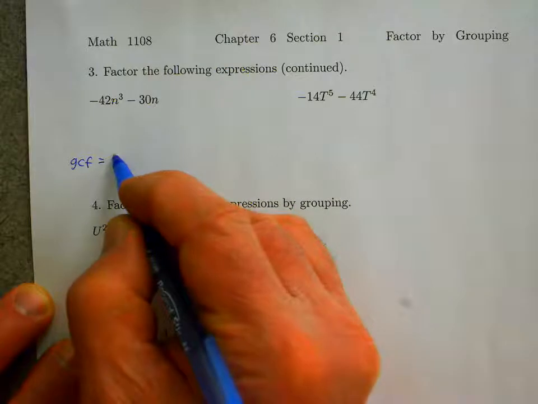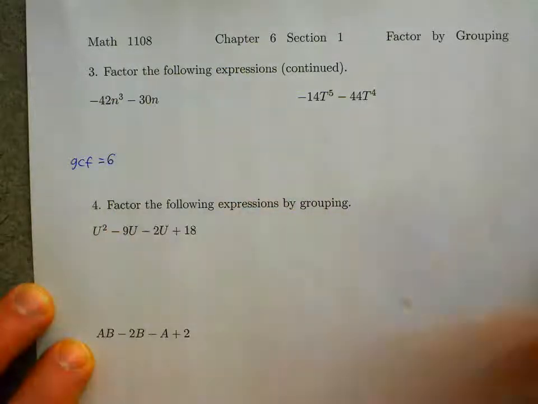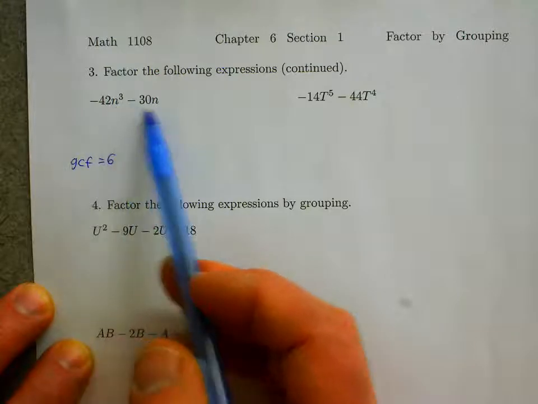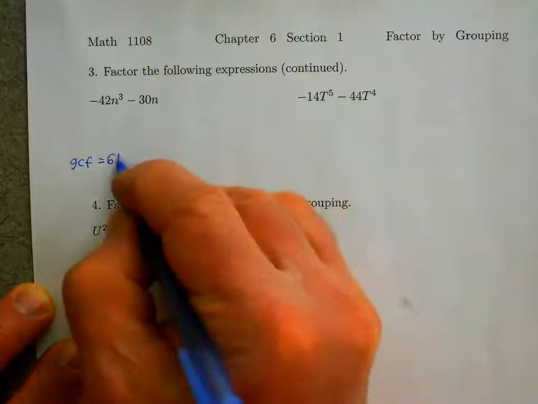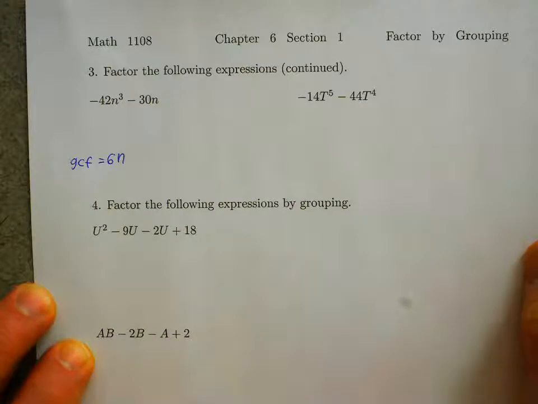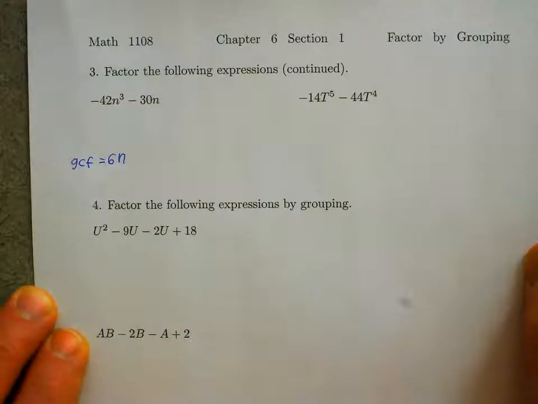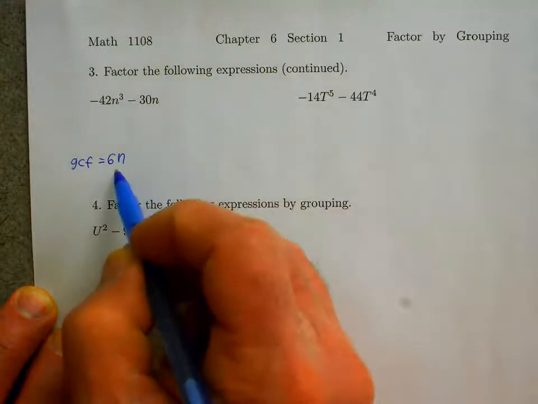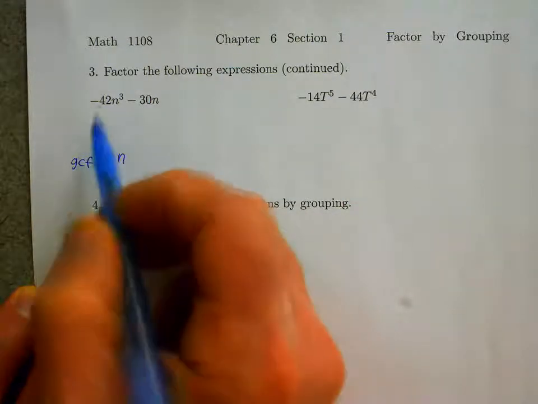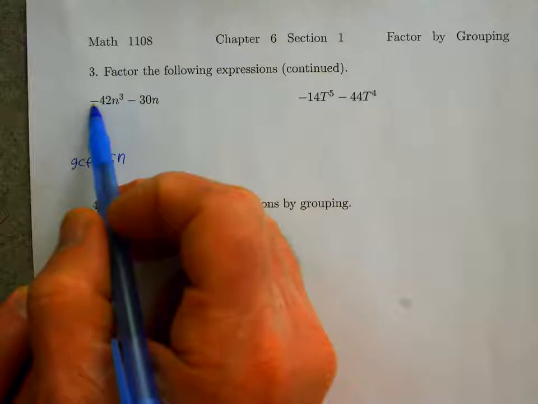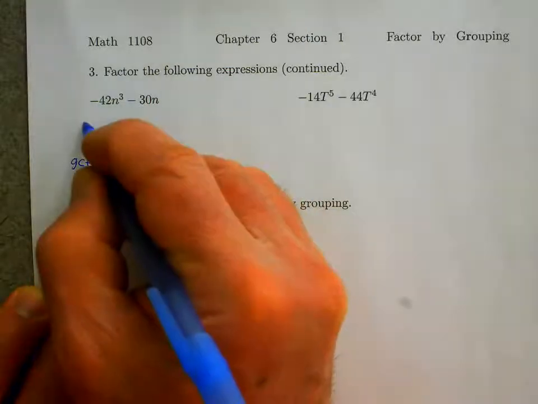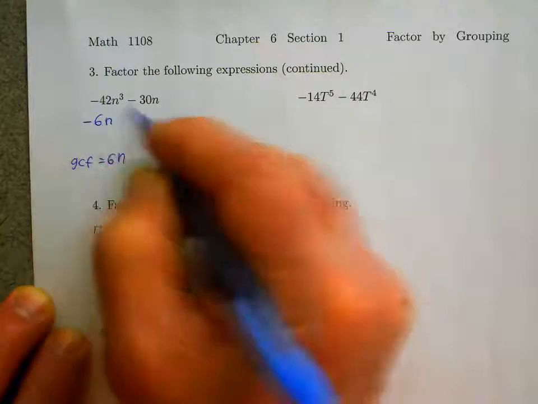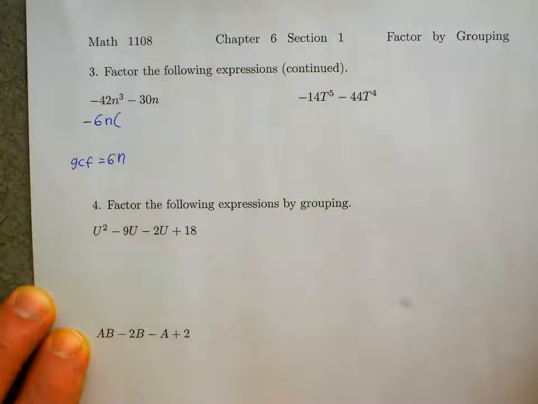And then compare the variable parts, n to the third and n. N is a common factor. So, since the first term has a negative coefficient, I want to factor negative 6n out of each of the terms.